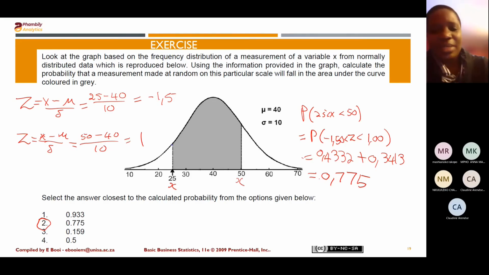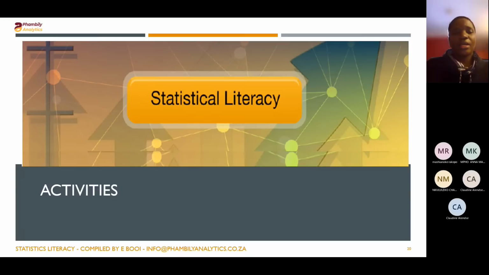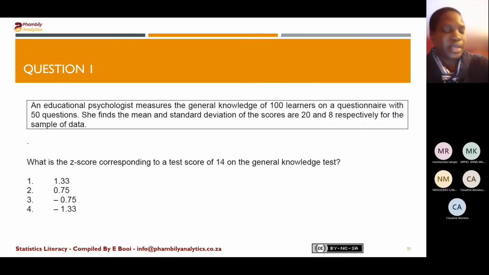Okay, in the absence of comments, I hope everybody understands how to find the values on the table. So let's look at some of the activities, and then you can also do the activities on your own.